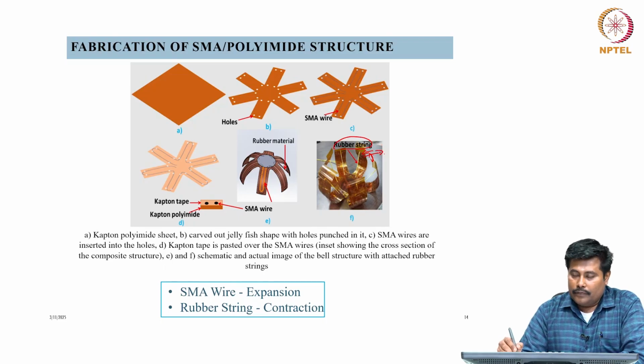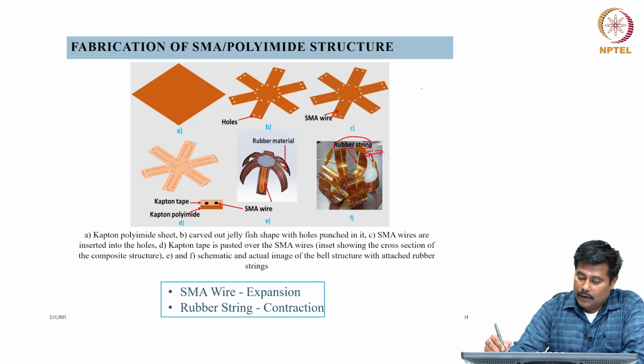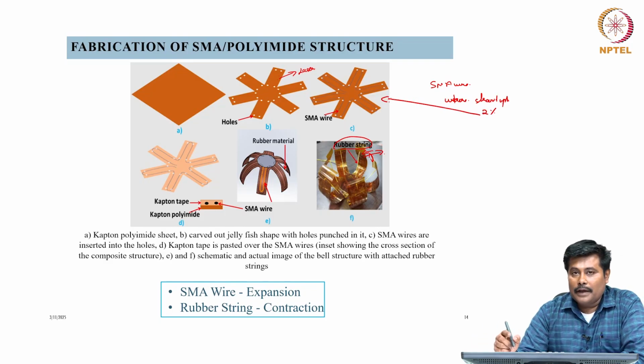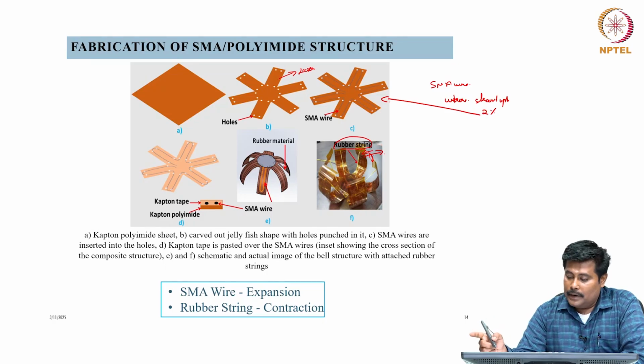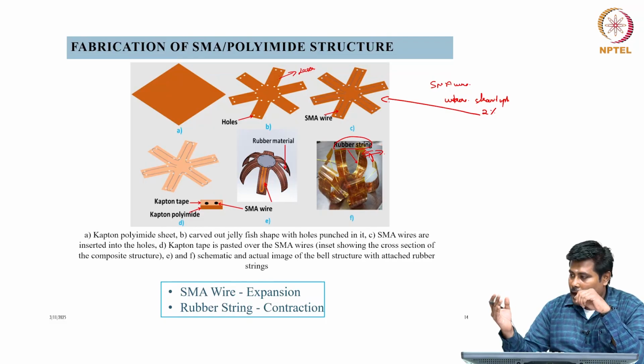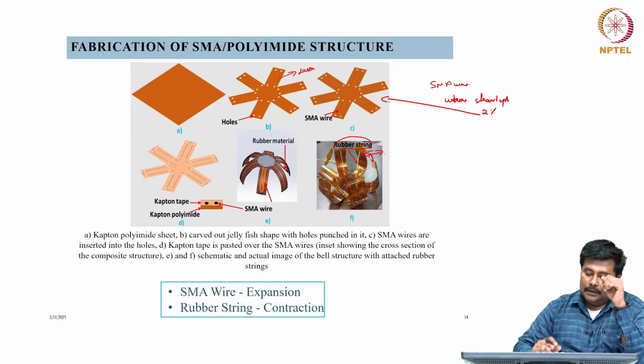In this SMA integrated polyimide, small holes were drilled using a laser, and the SMA wires were strained up to 2%. These strained SMA wires were integrated with the polyimide structures, so that there is an actuation in the SMA, and then a deflection in the polyimide structures.